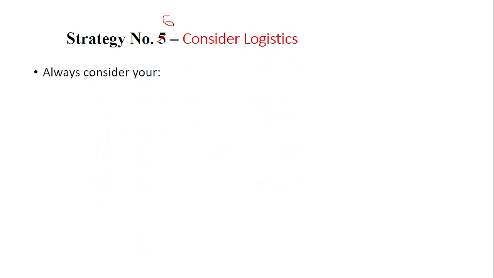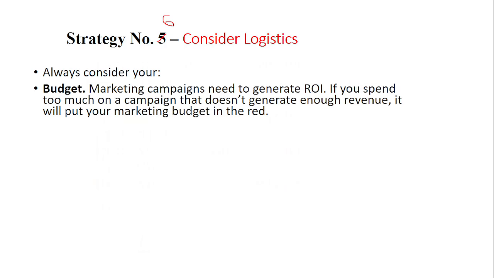One of them could be budget, right? So marketing campaigns need to generate return on investment, because that is the main goal, actually. So if you spend too much time on a campaign that doesn't generate enough revenue, it will put your marketing budget in red, right? So take note of that.